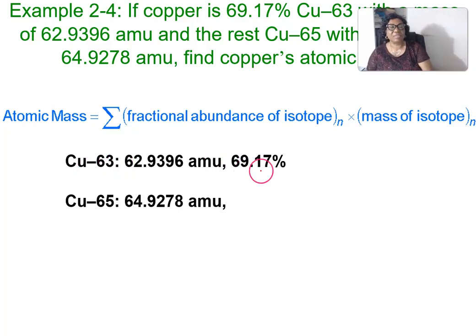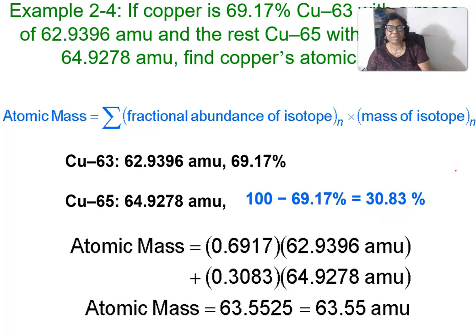So this is the percent abundance for copper 63. We have to find that for copper 65, which we got as 30.83%. So the atomic mass is this and this plus this and this, and our answer is 63.5.